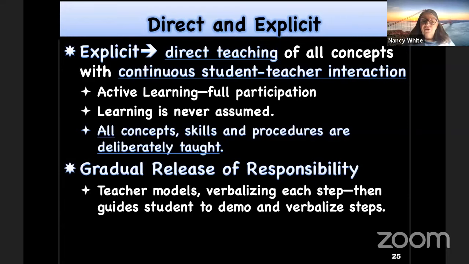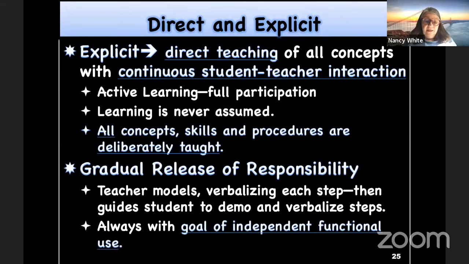You want the students to use words to say what they're doing, because it helps to get the procedure into their long-term memory so that they can practice it when you're not there, which of course is our goal. Our goal is always independent functional use. If our students can only do what we're teaching them when we're there, we haven't done our job.